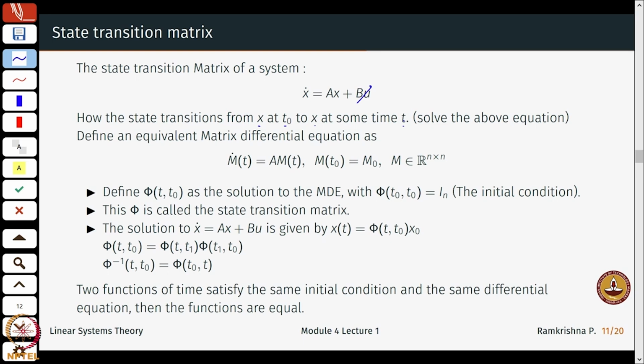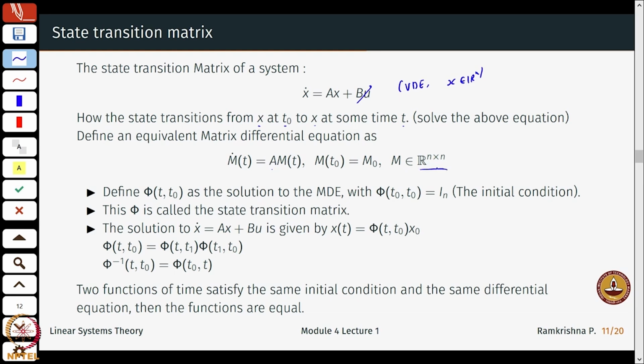Essentially, I am looking again at solutions of the differential equation. So let me first define an equivalent matrix differential equation. This was my vector differential equation, where x was in R^n. This is a matrix differential equation, where M dot is A M of t, A is again an n cross n matrix, and M now also has a matrix representation.